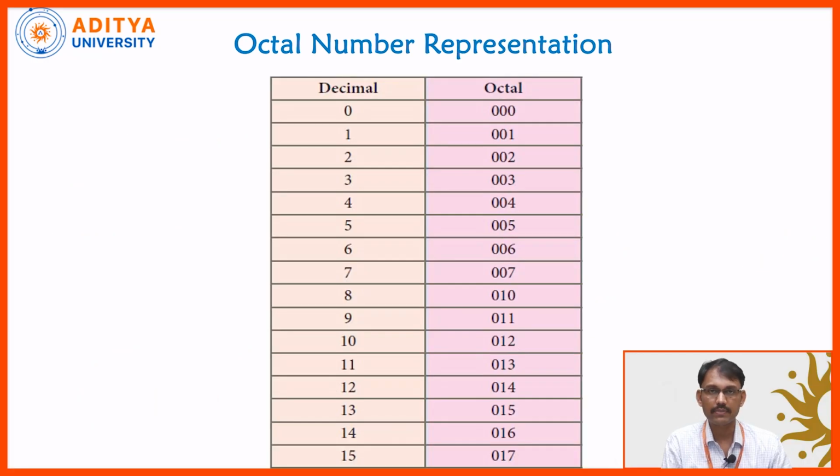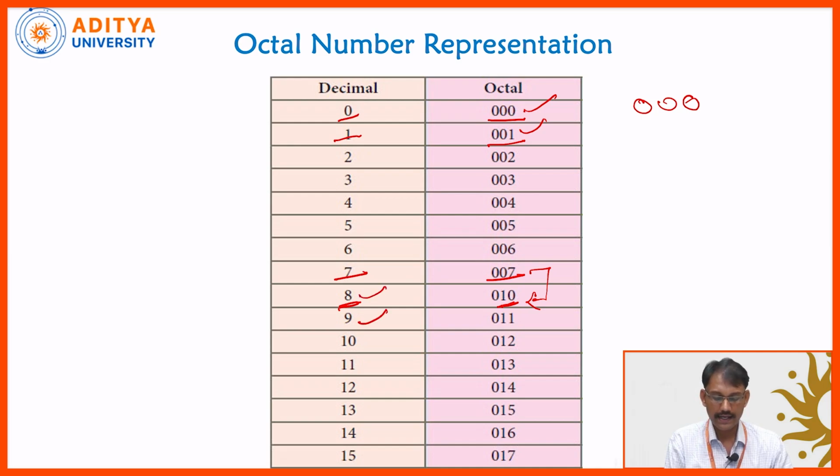So this is the octal number system. 0 in decimal. Octal is a 3 bit representation, that means 000, and 1 is 001. Up to 7, it follows the decimal number system only. For 8, there is no 8 symbol in the octal number system. That is why it simply follows with 1 and 0. So 1 and 0 after 7 in the octal system is 8 in the decimal number system.